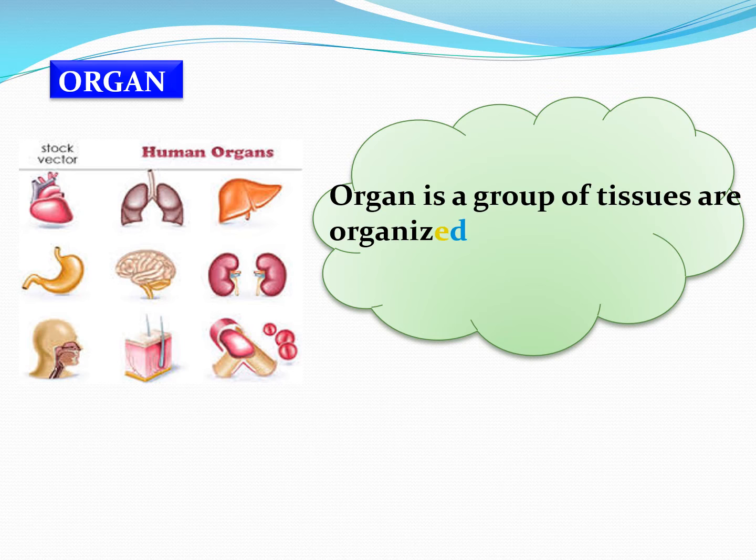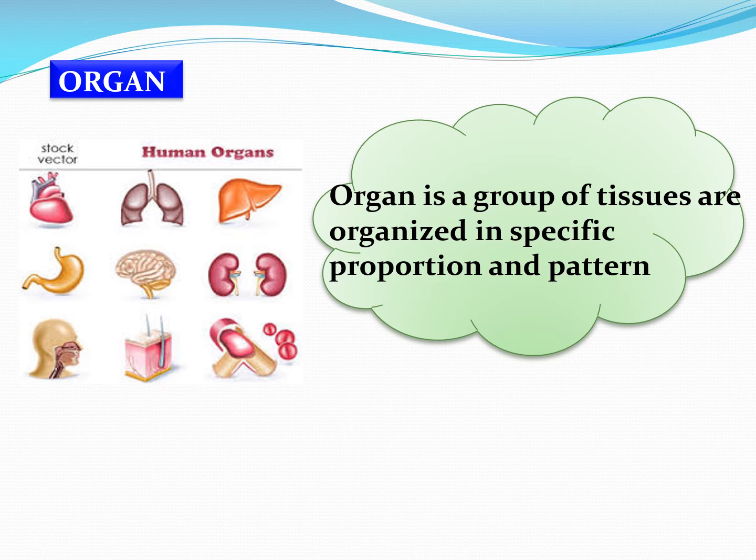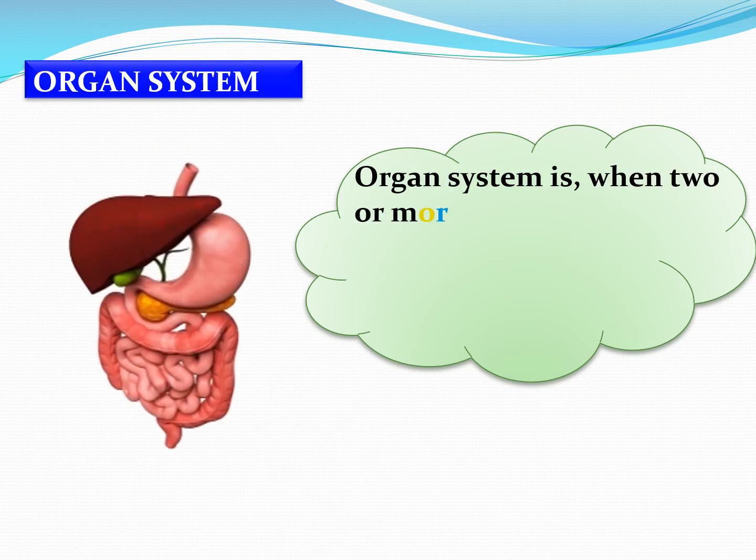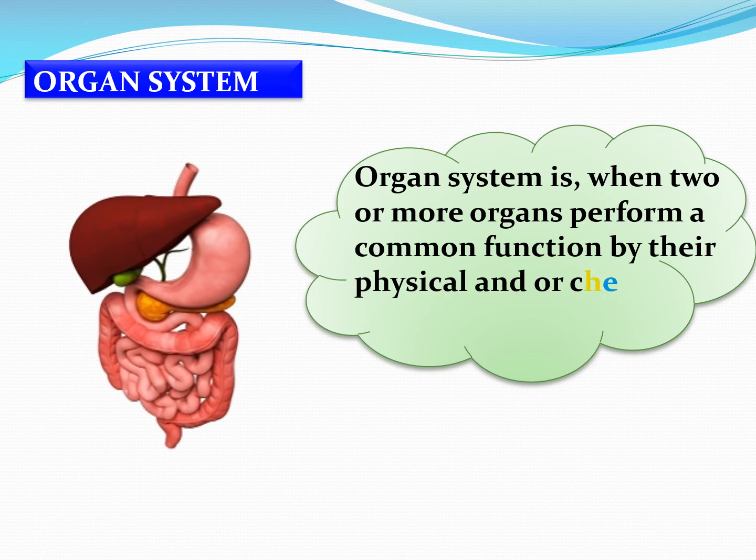Then organs. An organ is a group of tissues organized in a specific proportion and pattern. Organ system: when two or more organs perform a common function by their physical and or chemical interaction, they form an organ system.